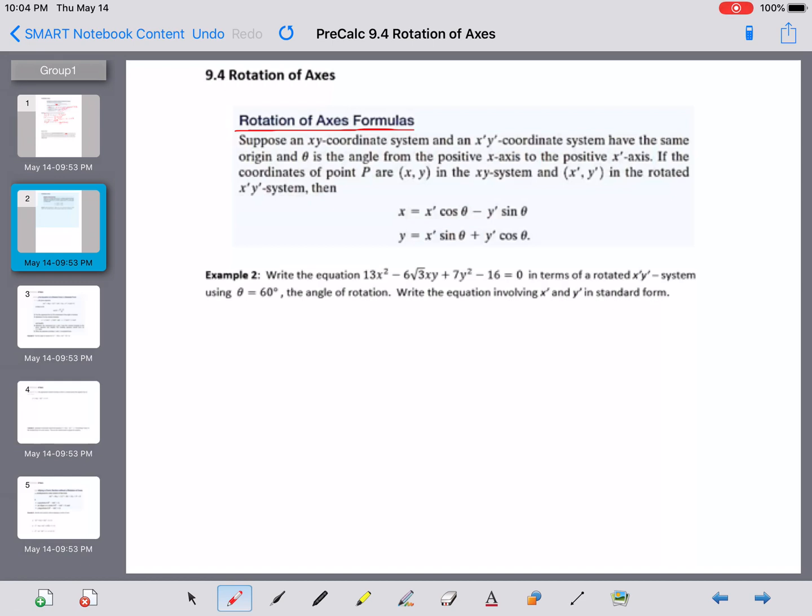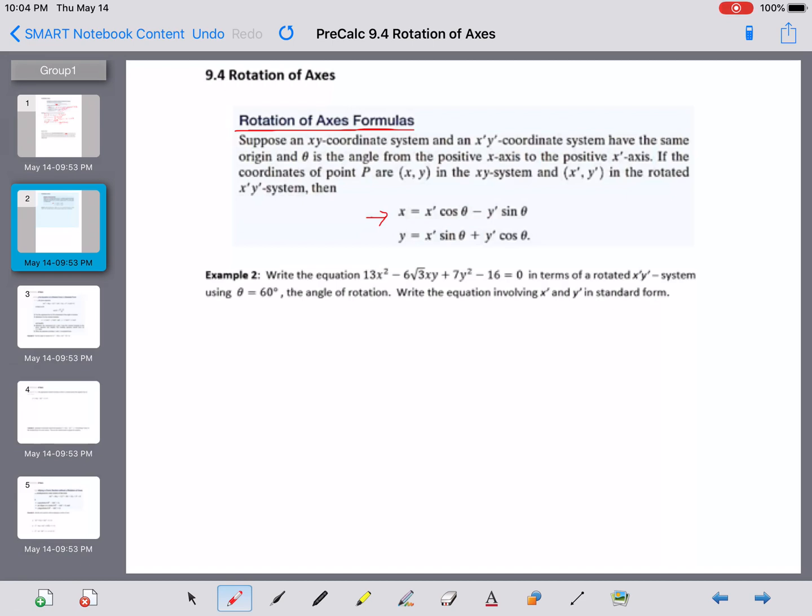So what we're doing is taking an ordered pair x, y, and we're going to rotate it on our graph. To do that, we need an angle. So you'll notice here that if I'm going to rotate x, I'm going to end up with x prime times the cosine of theta minus y prime times the sine of theta. So it's rotating it using the cosine and sine to move that.